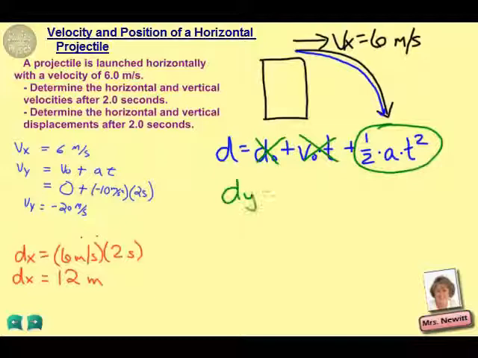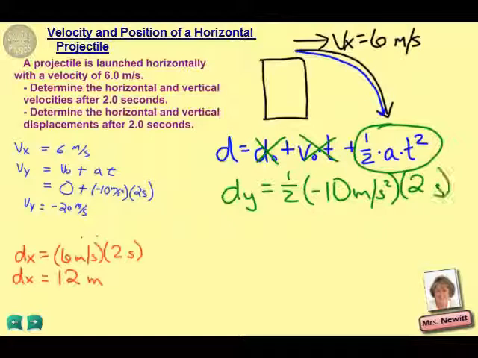So in the y direction, we would have 1/2 times negative 10 for gravity, that's our acceleration, times our time of 2 seconds squared. And if we take a look at this, notice that we're going to end up with a negative number, and we will have a negative 20 meters. The negative here just indicates that in the y direction, our ending spot is below where we started.